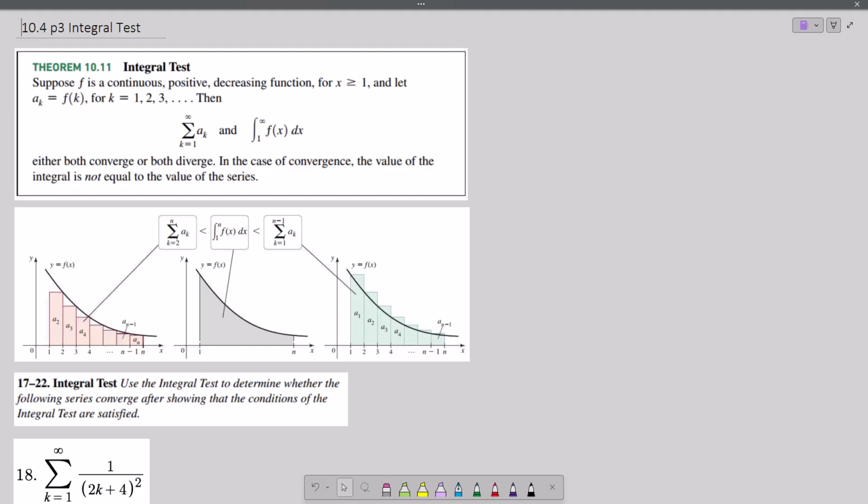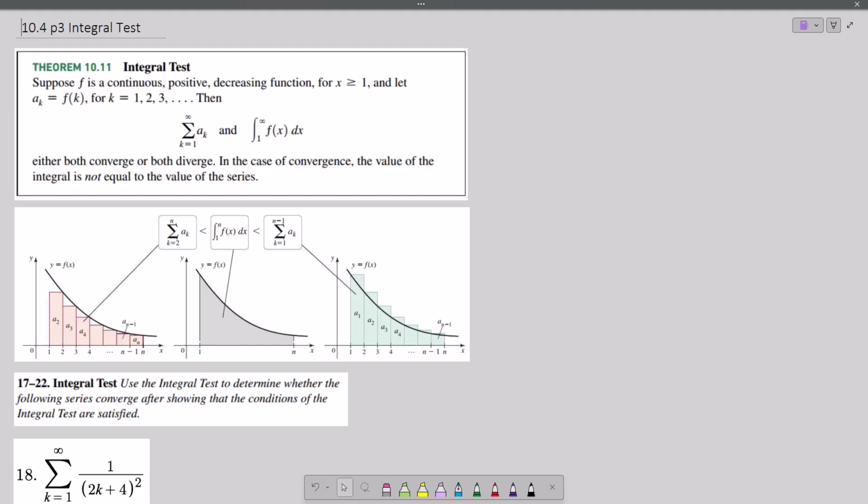If we take an infinite series and we find the corresponding improper integral that has the same function, so the function creates these a sub k's. So in the last one, the f of x was 1 over x, because the a sub k was 1 over k.